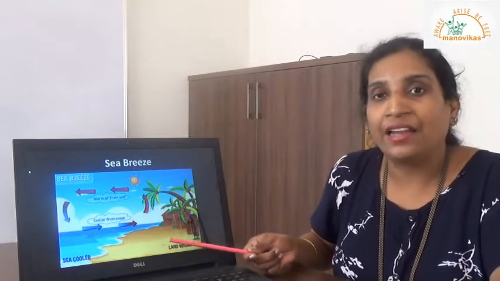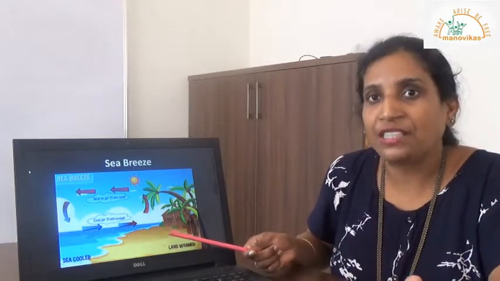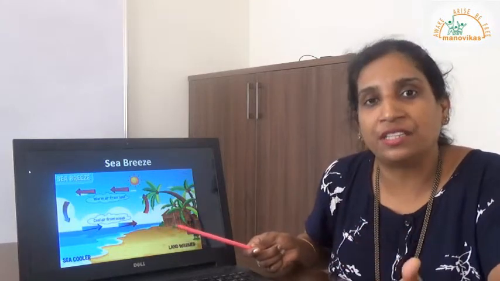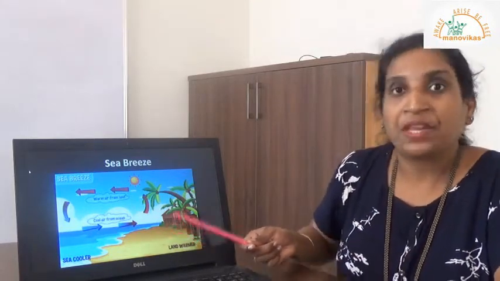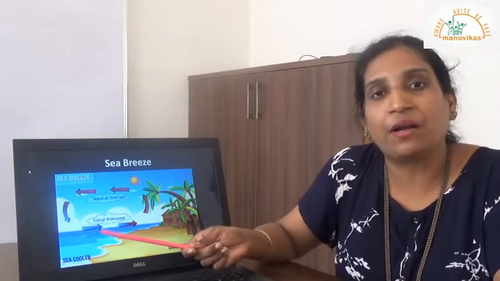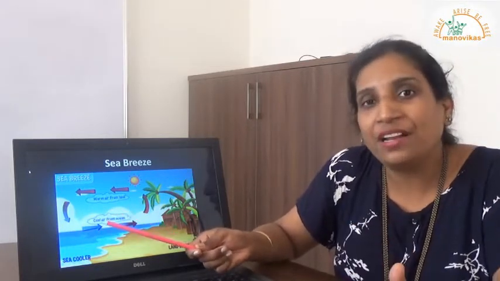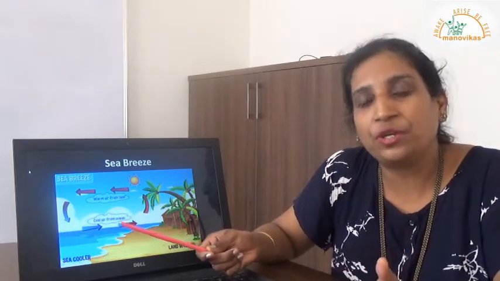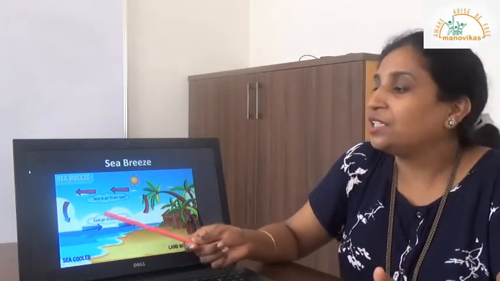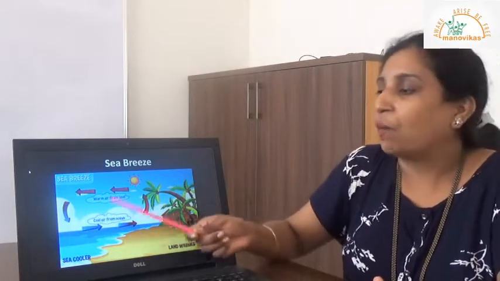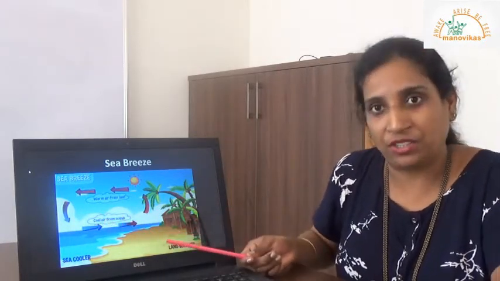Over the land it gets heated up faster, so temperature increases, and when temperature increases, there is low pressure. Since the sea is not getting heated up as fast, there is high pressure. So during the daytime, the wind in the coastal region is going to come from the sea to the land, from high pressure towards low pressure.